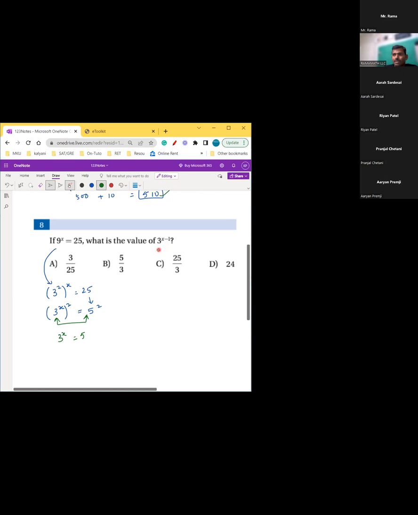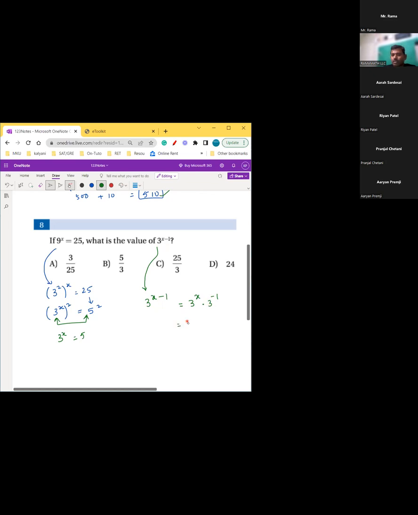But one thing, you have to be very careful with this one. I see a lot of kids make mistakes. 3 to the x minus 1 doesn't mean it's just 5 minus 1, okay? Remember that. To understand, this means 3 to the x times 3 to the minus 1, because when you have the same base, you add the exponents, right? The rule number 1 from the last class.